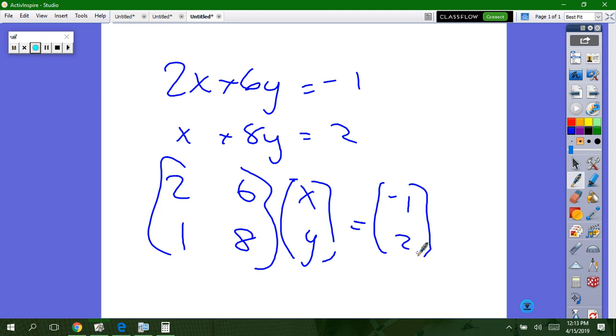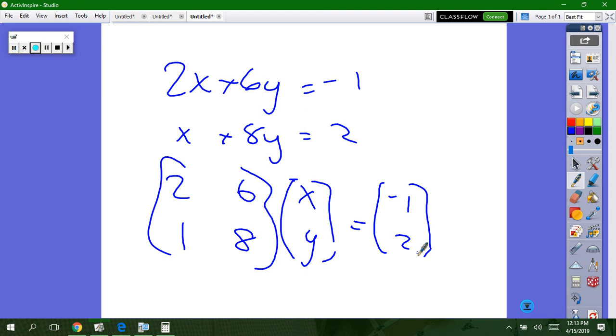Watch what happens here. Notice this is a 2x2 and a 2x1, so I am able to multiply them, correct? First row, first column ends up being first row, first column. So it goes 2 times x, 2x, 6 times y, 6y, I add them together, 2x plus 6y should equal negative. It's just a way to write the matrix.